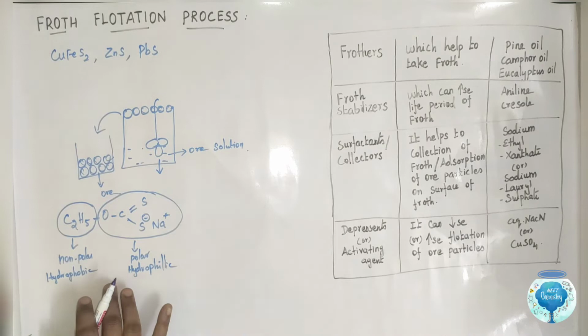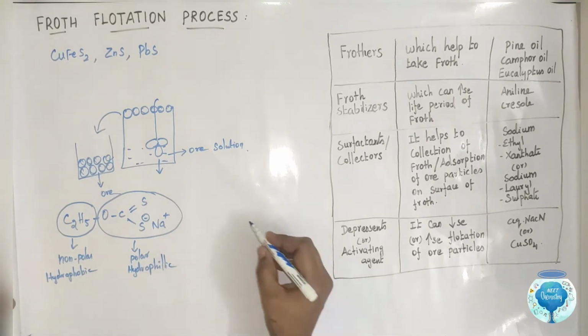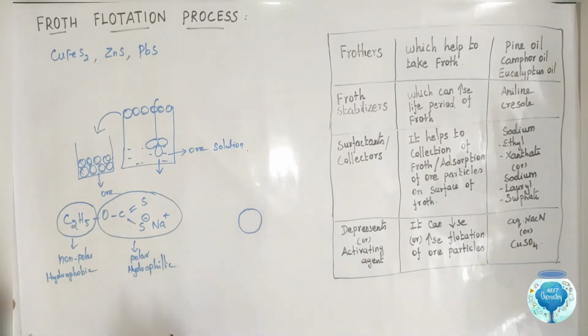So sodium ethyl xanthate has two types of parts: one non-polar and hydrophobic, another polar and hydrophilic. We consider the polar or hydrophilic part as A, and the hydrophobic part as B.